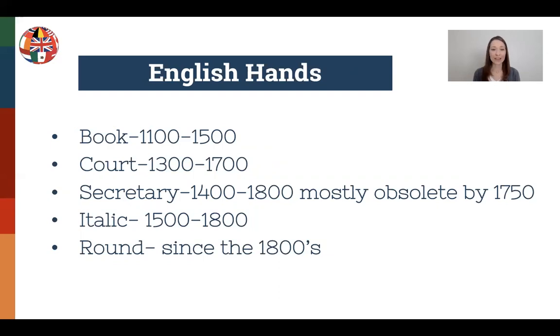The court hand, which is 1300 to 1700. Secretary hand from 14 to 1800, and they were mostly obsolete by 1750. The Italic hand, which is from about 1500 to 1800, and then the round hand, which was around since about the 1800s.